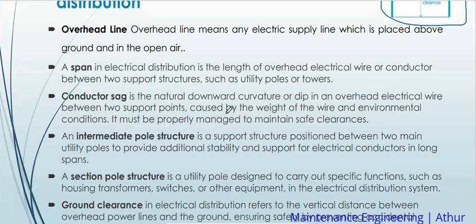Now, when we are looking at maintenance, all these things are the things we'll be maintaining. There is a conductor sag for low voltage, that is in secondary distribution after the transformer, and there is a conductor sag for primary, that is 11 kilovolts and 33 kilovolts.